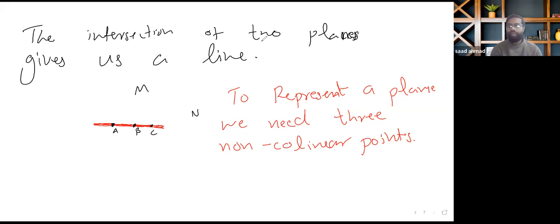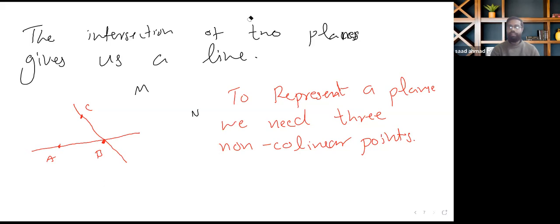But if my point C is not on this line, let me just draw 3 non-collinear points. 1, 2, 3. Now I can make a line through two of them, or I can have a line from B and C, right? But all of these 3 cannot be on the same line.